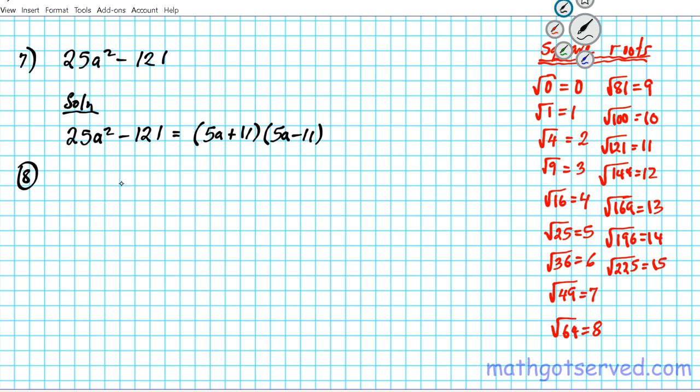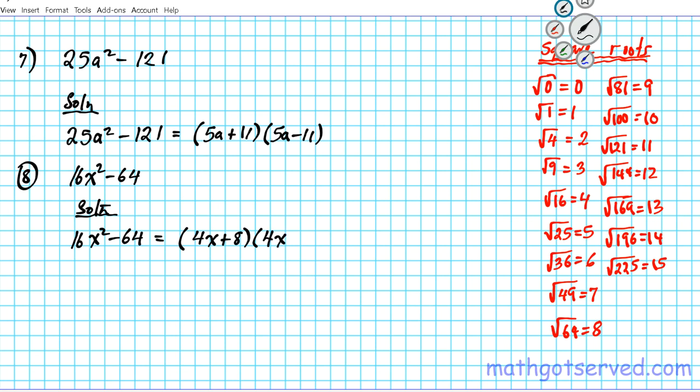Number 8. Let's say we want to factor 16x squared minus 64. Does this look like a difference of squares? It certainly is. These are all squares here. When you take the square root of the first term, you have 4x plus 8, with the square root of the second, and this is the sum.